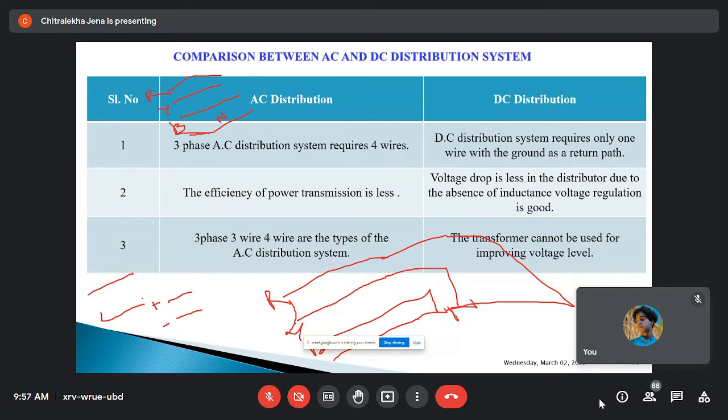Because there are no inductors and no capacitors, there is no voltage drop in the inductor or the capacitor. So the efficiency is a little more compared to the AC distribution system.